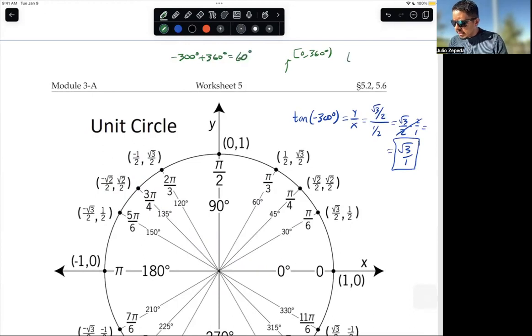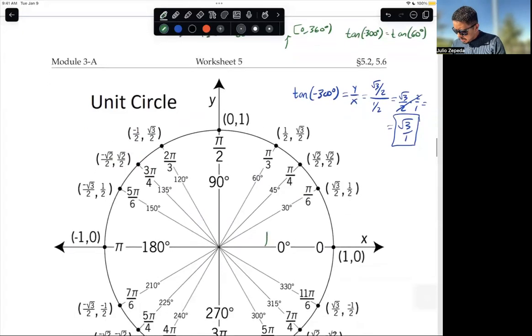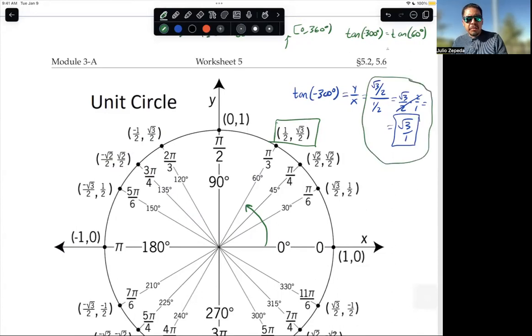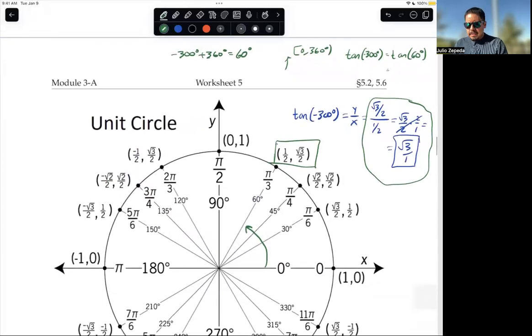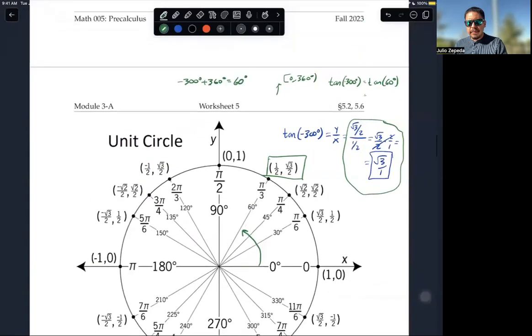So that tells us that the tangent of negative 300 degrees is the same as the tangent of 60 degrees. And so we just go to 60 degrees on the unit circle, and it's the exact same point. And so you find the tangent by doing y over x, and the work would be exactly the same. Okay, so an alternate way if you'd like to see another way of doing this. And so I'll leave it there for that one.